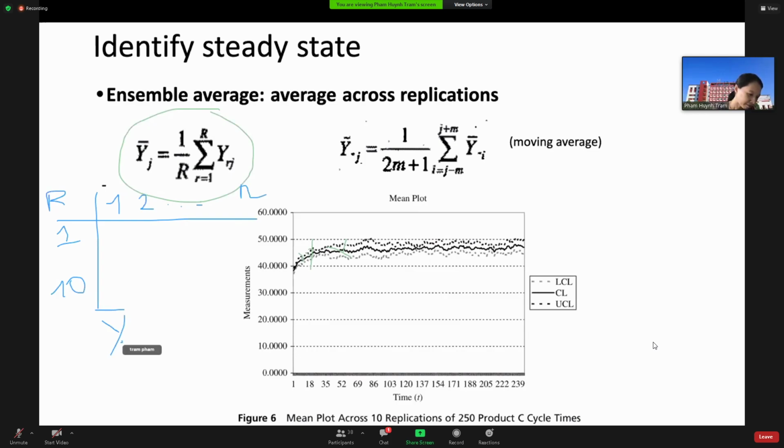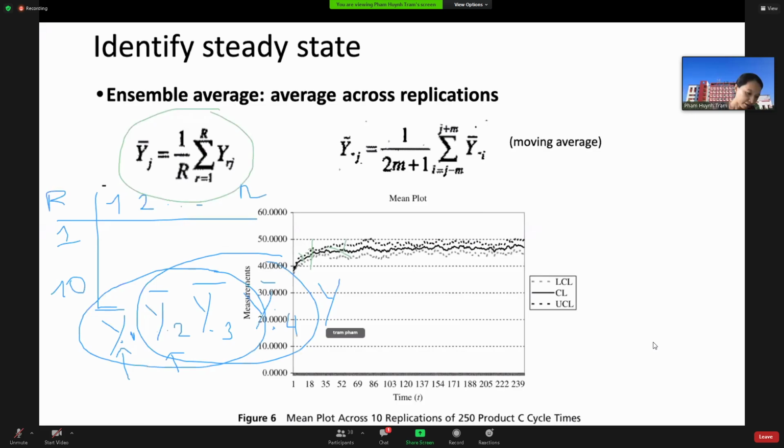So we will plot the moving average instead of plotting individual points like this one. The average of this, and then the average of this, and then the average of this. That is what we call the moving average.